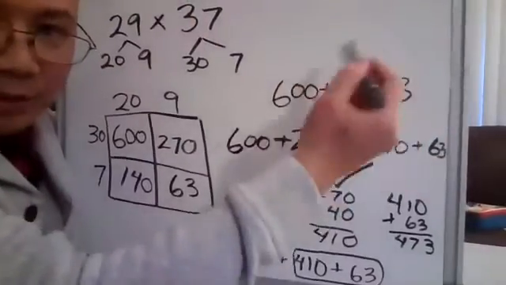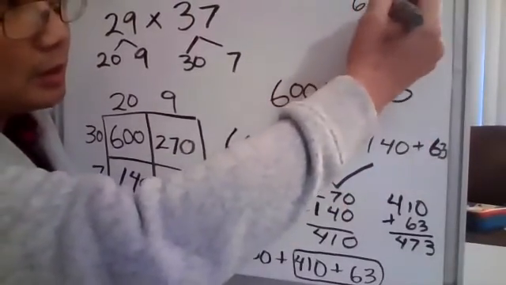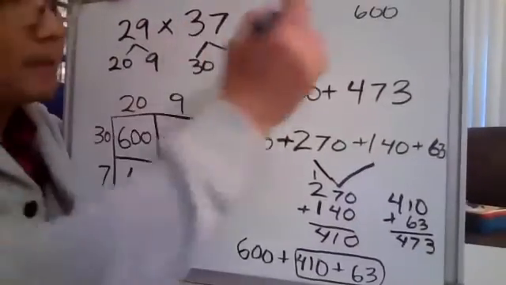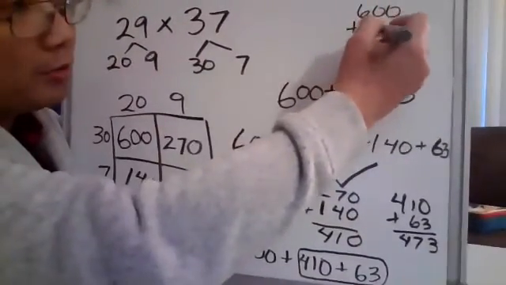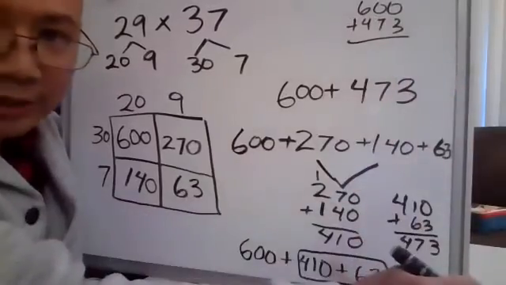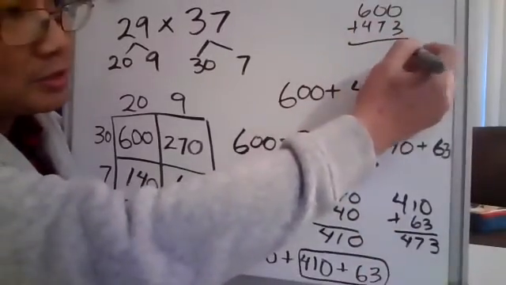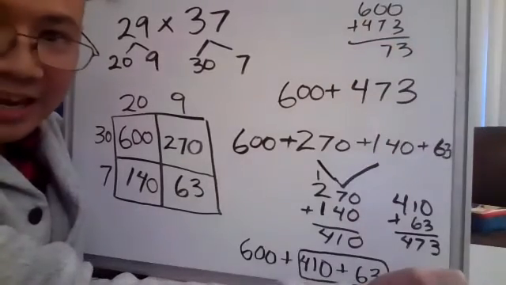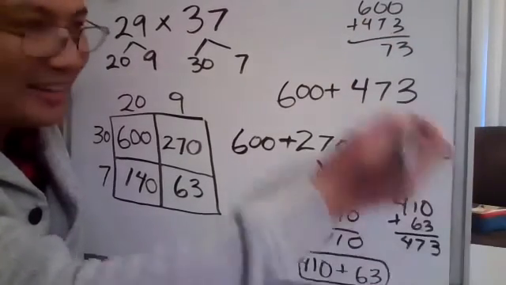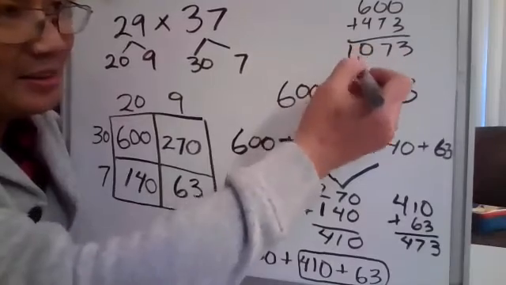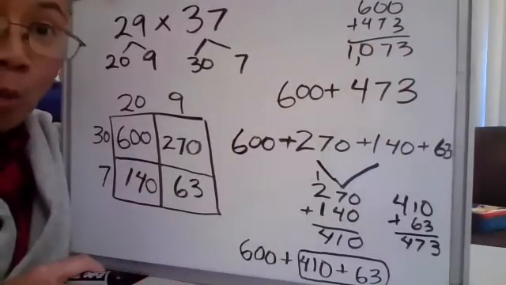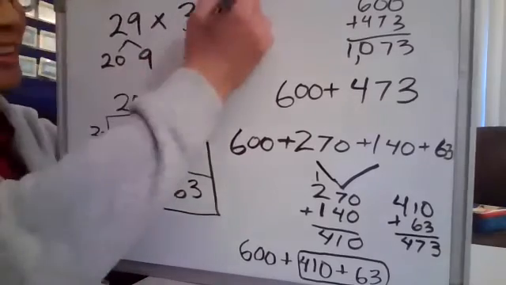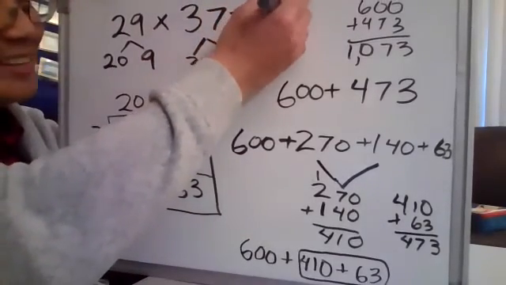We have a little space up here, so we can do this up here. 600 plus 473. 0 plus 3 is 3. 0 plus 7 is 7. And then 6 plus 4 is 10, or 1073. Wow, this is a huge number. 1073.